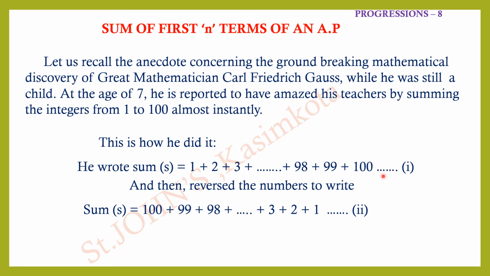After that, he wrote the reverse sequence: 100 plus 99 plus 98 and so on, 3 plus 2 plus 1. This is the first equation, and this is the second equation.